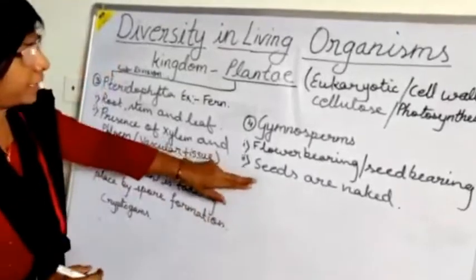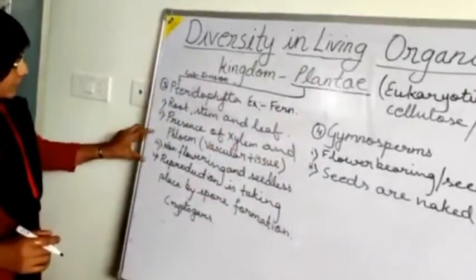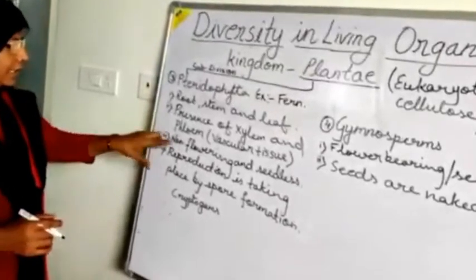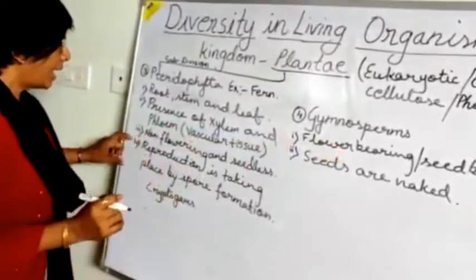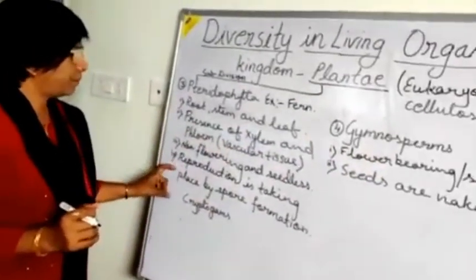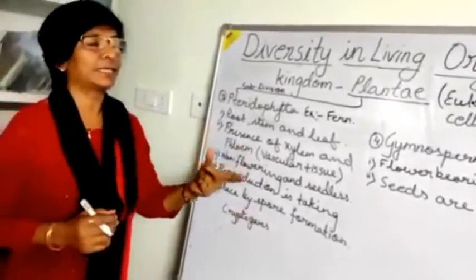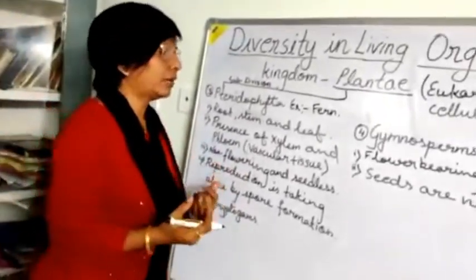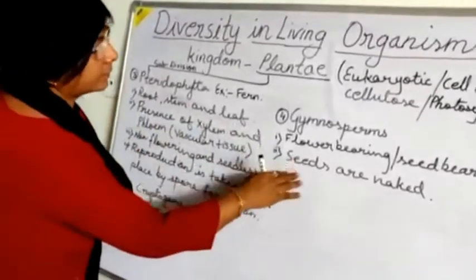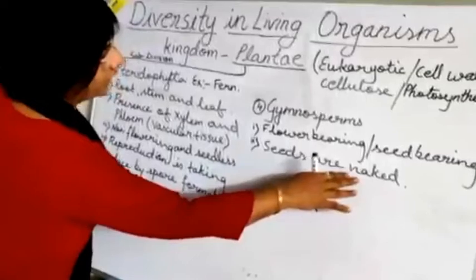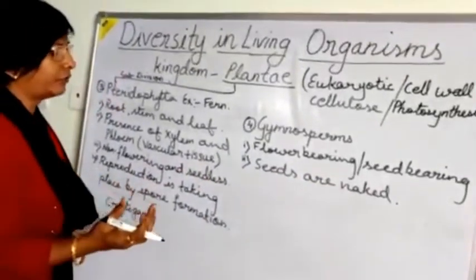So all the characters are coming from here only; these two characters are changing, that is the non-flowering, here it is flower bearing and seed bearing, and another one is reproduction, not through spore formation, but as there is a seed, the seeds are growing into a plant. So here the seeds are naked, that is the seeds are not having the fruit.